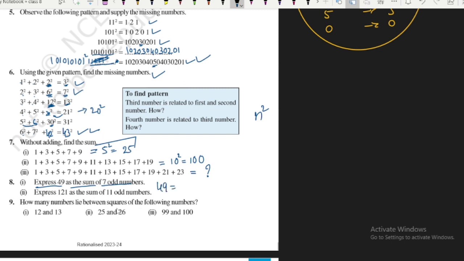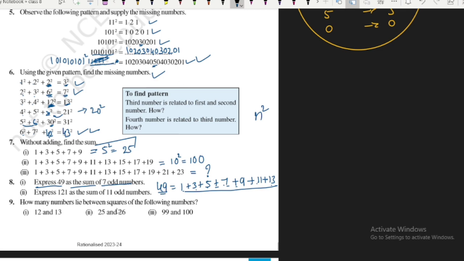How many numbers? 7 numbers. 1 plus 3, 5, 7, 9, 11, 13. 1, 2, 3, 4, 5, 6, 7. So the sum of these will be 49.